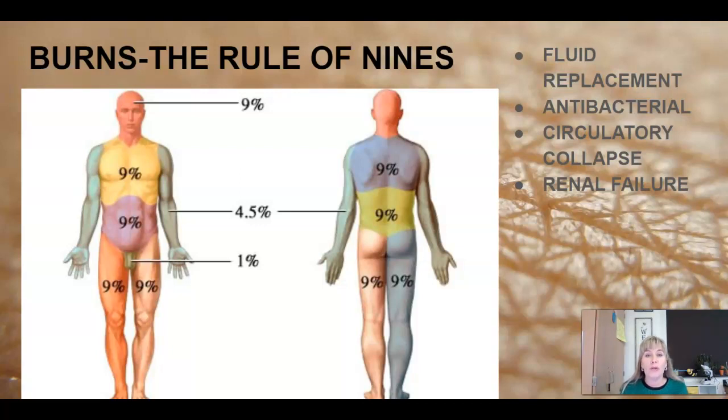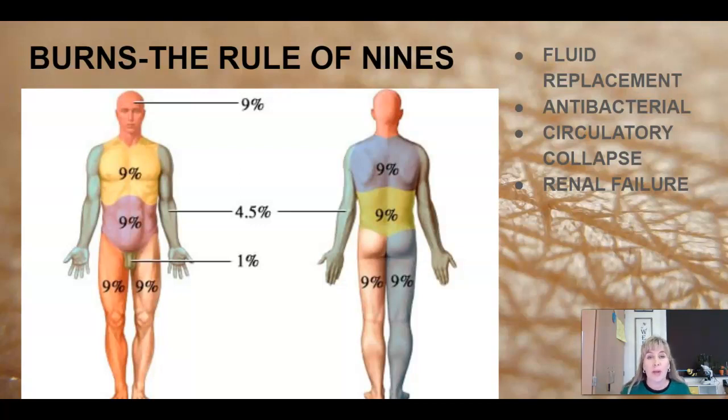So in order to figure out how much fluids need to be replaced, scientists have come up with the rule of nines. And this is a way to calculate based on these portions of the skin how much body fluids need to be replaced. If you do not replace body fluids, then you seep and seep and seep a lot of your fluids. Your blood volume is going to decrease to the point of possible circulatory collapse.